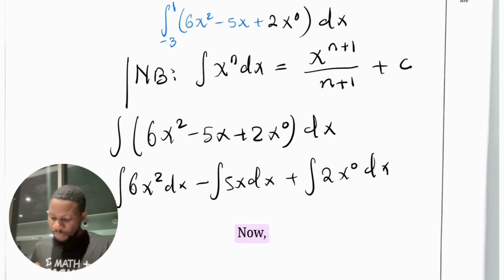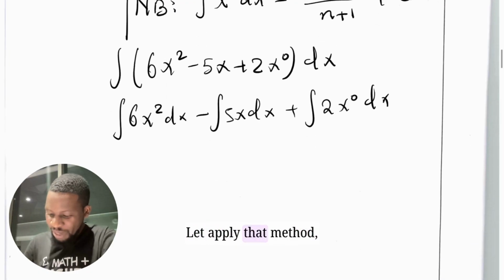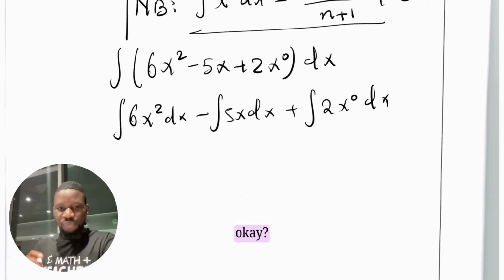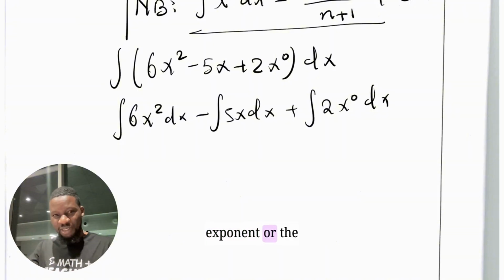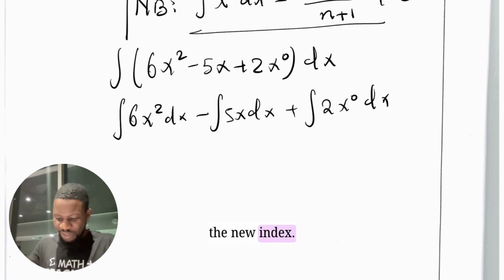Now, let us go ahead and apply that method. Remember again, we're just increasing the exponent or the index by 1 and dividing by the new index.